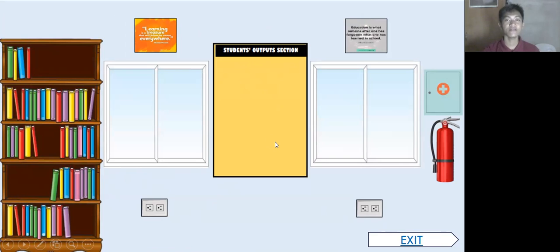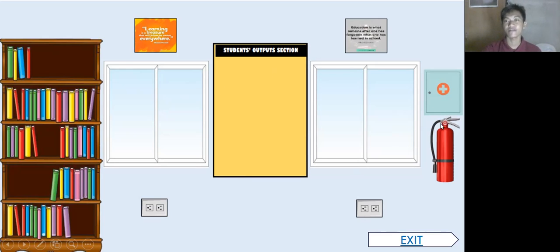In this bulletin board, we'll be posting students' outputs so that everyone who will visit the classroom will have a glimpse of how the students in this classroom are progressing, how creative they are, or how good they are at math, at science, at any subject.